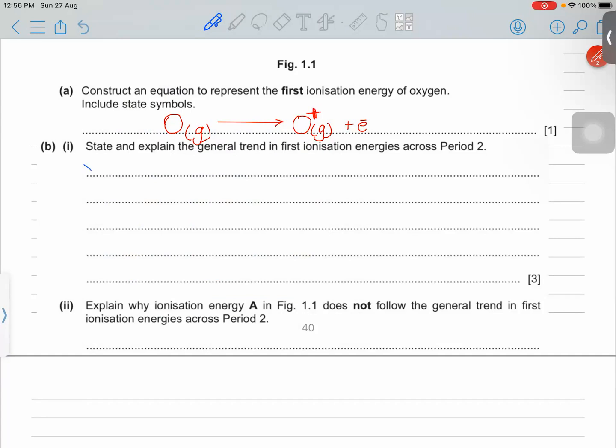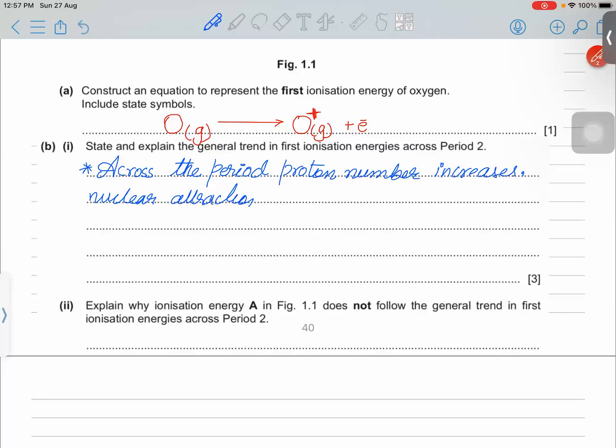So first mark: across the period, proton number increases. Nuclear attraction increases.